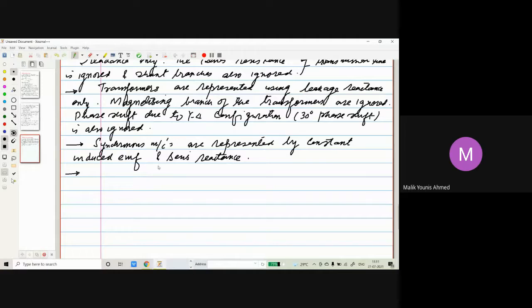So synchronous machines, generator, motor can be represented by voltage source and a series reactance. Then leakage resistance of the synchronous machines is also ignored. We don't consider that because the value is very less. Obvious reasons are there. And then saliency of the machines is also ignored.